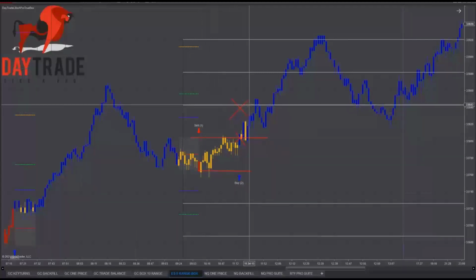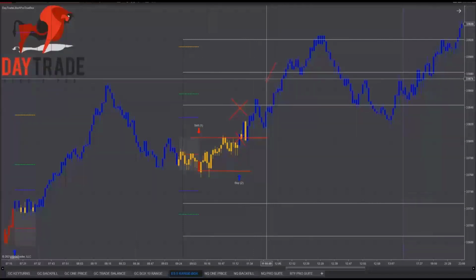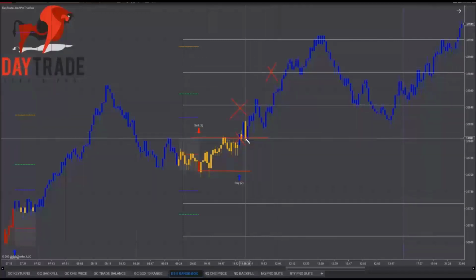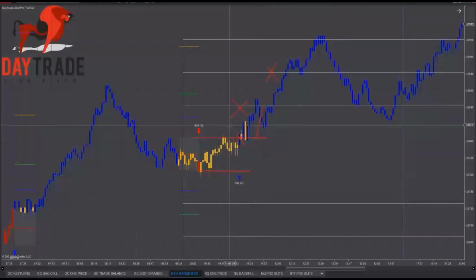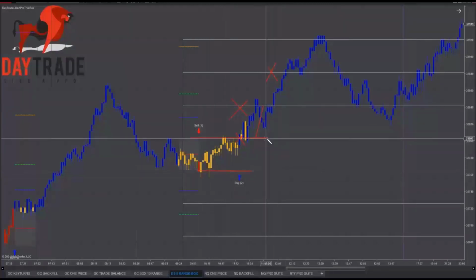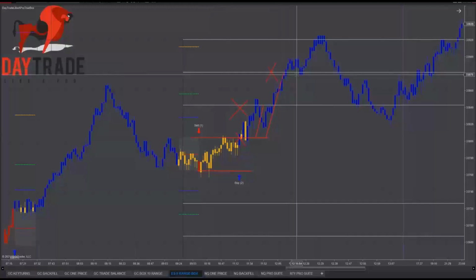So now you'd make back whatever you lost when you hit here, and you cover your first one there, and then you cover your second one up here. So you made from here to there on your first one, and that covered your loss on this sell. Then you have your other one that was basically free, and you run it up to there. So you make your winners really pay.